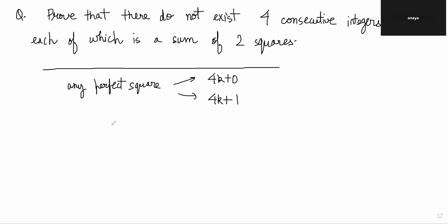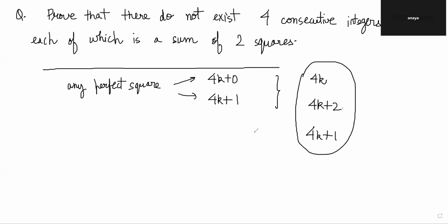So the possibilities are going to be 4k plus 0 plus 4k plus 0, which will just be 4k. Then you have 4k plus 0 plus 4k plus 1, which is just 4k plus 1, and then 4k plus 2, obviously. And then there's no option for 4k plus 3. So you can't have 4 consecutive integers that are the sum of two squares.